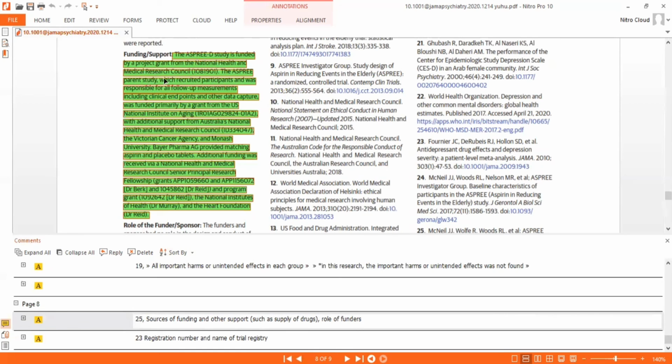The ASPREE parent study, which recruited the participants and was responsible for all follow-up measurements, including clinical endpoints and other data captured, was funded primarily by a grant from the U.S. National Institute on Aging, with additional support from Australia's National Health and Medical Research Council. Additional funding was received via a National Health and Medical Research Council Senior Principal Research Fellowship and program grant, the National Institutes of Health and the Heart Foundation.